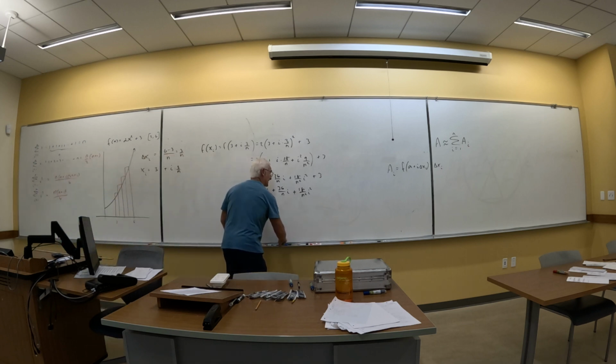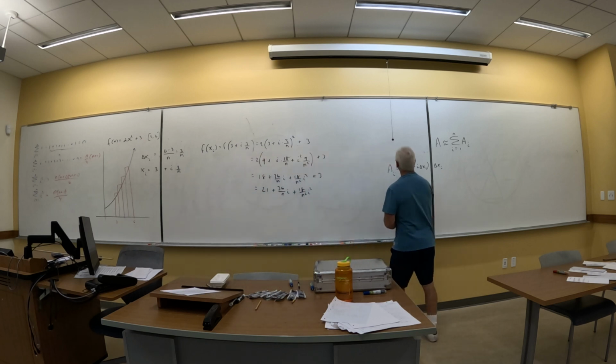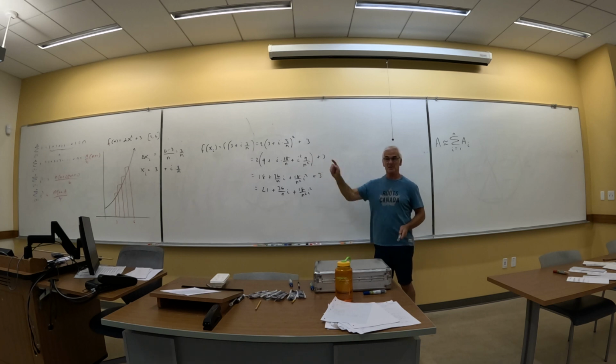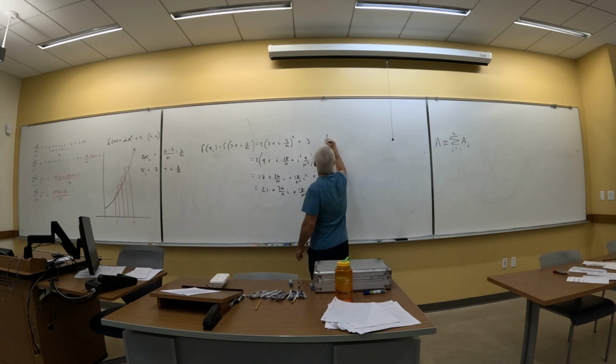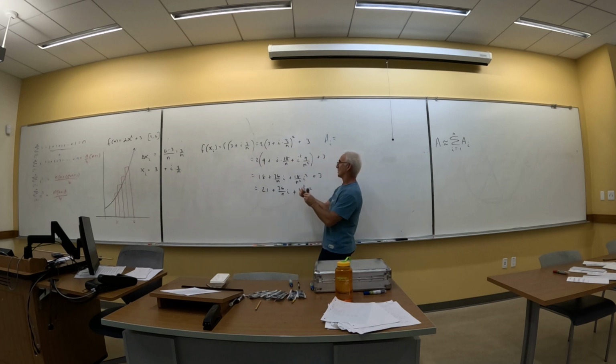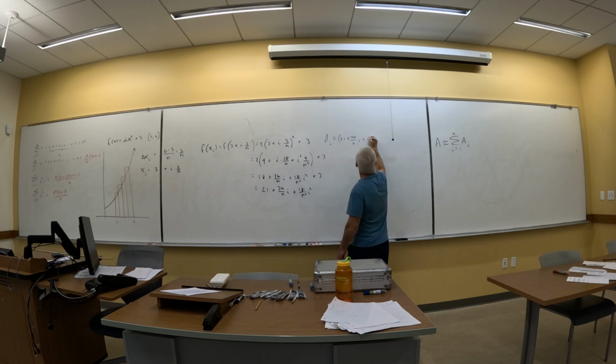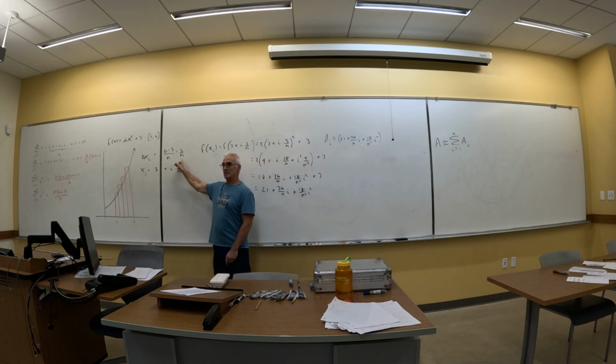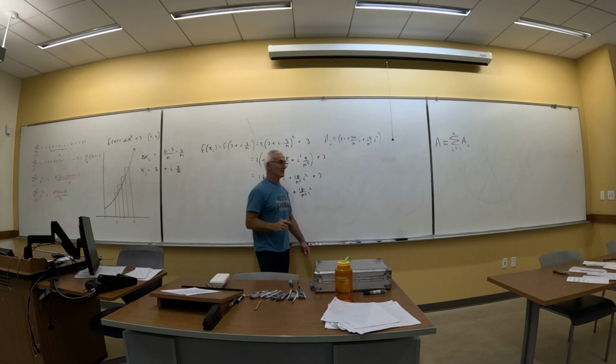Now, the last piece, I need to find the area. All I need to do is take that height and multiply it by the delta x, which is pretty simple in this case. So the ith area would then be this quantity multiplied by just the 3 over n.